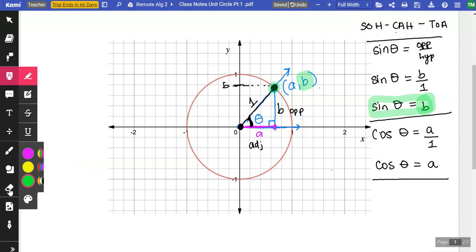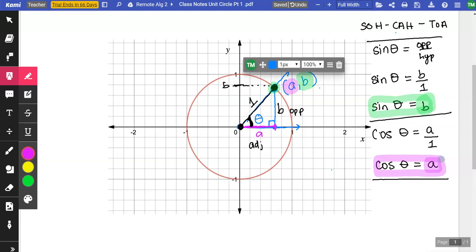And then if you look at the cosine, this says that the cosine of theta is equal to A. Well, isn't A also the x value of this point where the terminal side of our angle intersects with the circle?